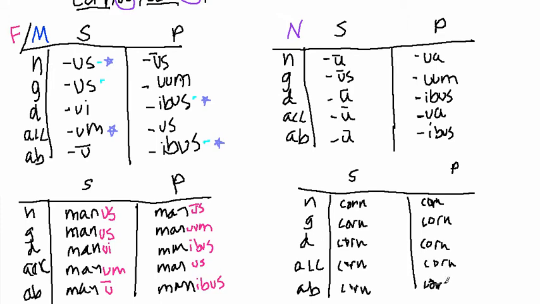Okay, so once you've done that, you're just going to go ahead and write down your endings. And if you look above, you can just jot them down right next to it. U, us, u, u, u, ua, uum, ibus, ua, ibus.